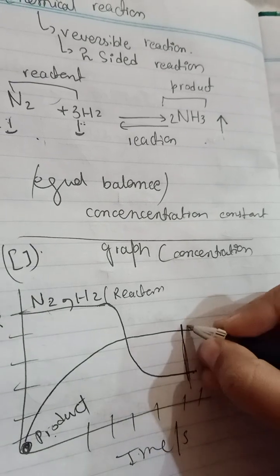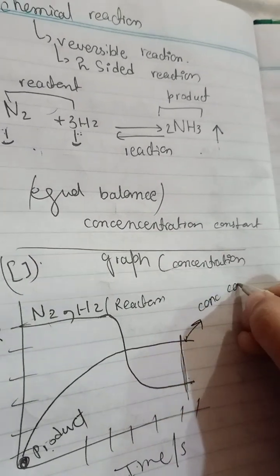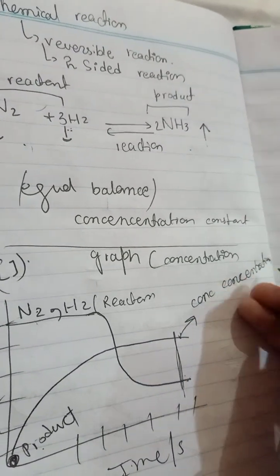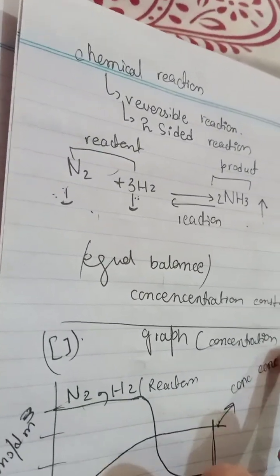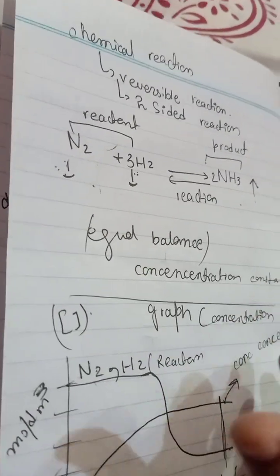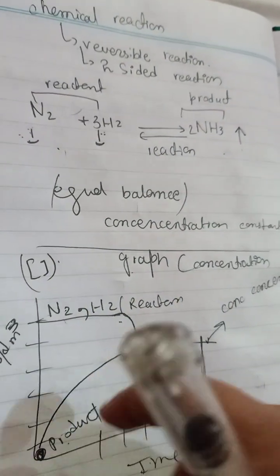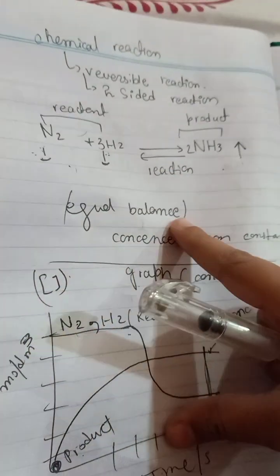Here you can see that both are becoming constant. When the concentration gets constant, there will be no change in the concentration. So the concentration of the reactant and product will become equal. So this was about the graph that I have told you here, and this was the example.